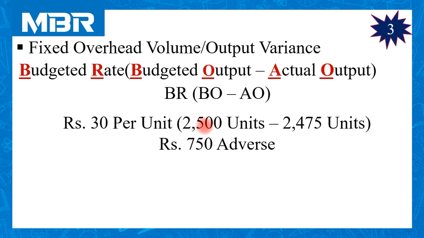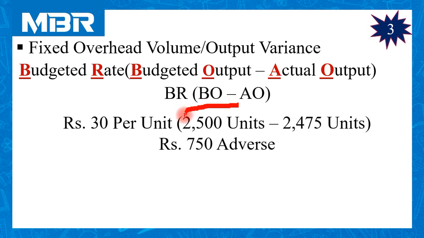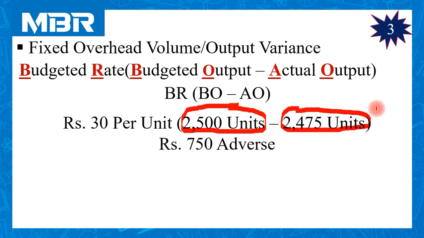2,500 units are given as budgeted production and the actual number of units produced by the company is 2,475. So here we have produced fewer units as compared to budget. 2,500 units expected production and 2,475 actual production. Here actual production is less by 25 units.